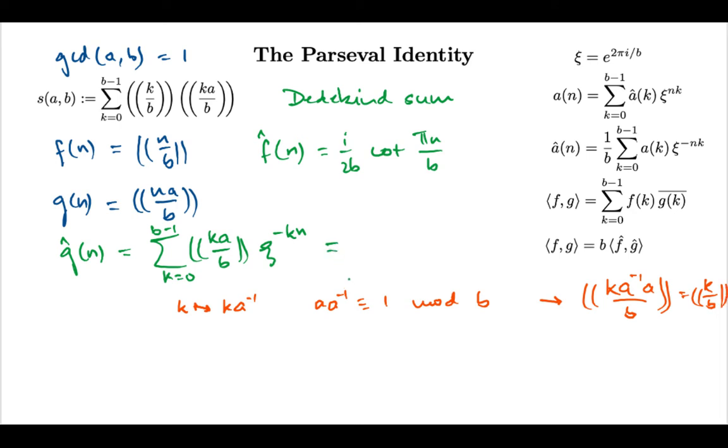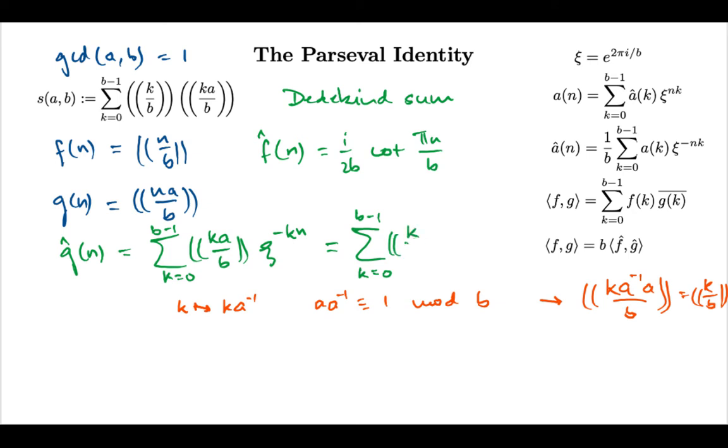Let's do this change of variables. Multiplying k by a number that's relatively prime to b, and a inverse is still relatively prime to b, permutes the index set that I'm summing over. So this sum now gets shuffled around, but I'm still summing from 0 to b minus 1.